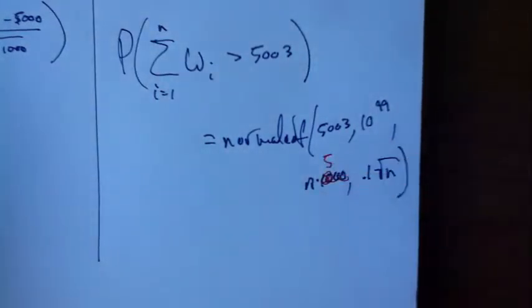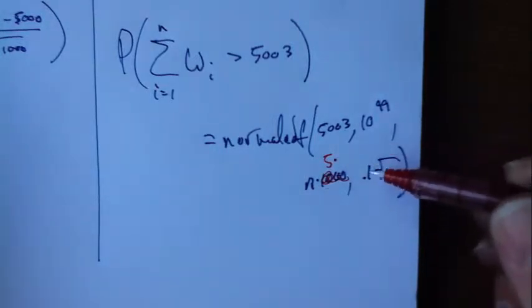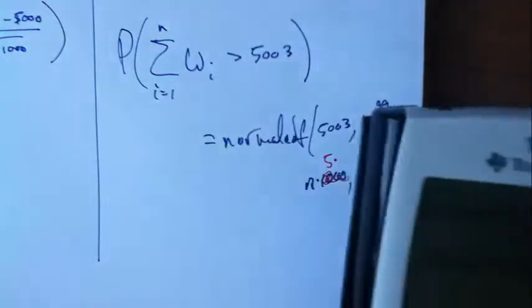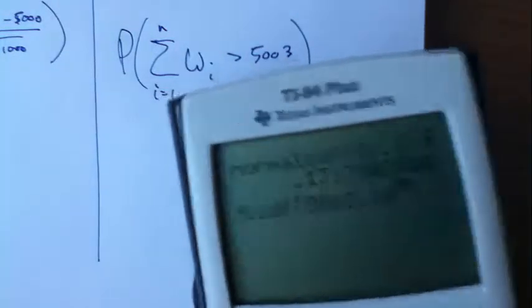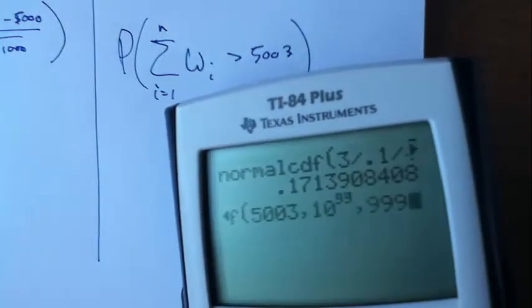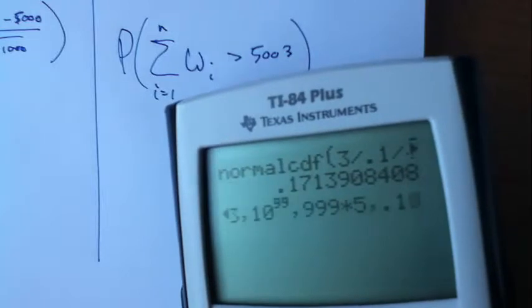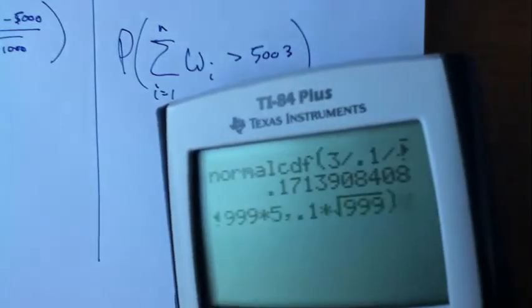Sure you caught that. This is the population mean, and this is the population standard deviation. All right, good. So from 5003 all the way over to the right, and then the mean is, let's try 999 times 5, and then comma 0.1 times root 999. And, oh, hey, look at that.